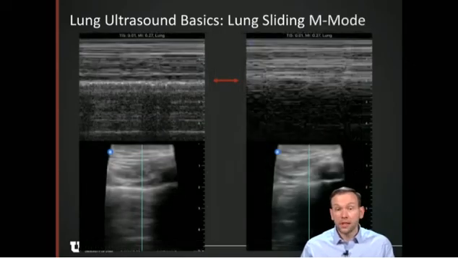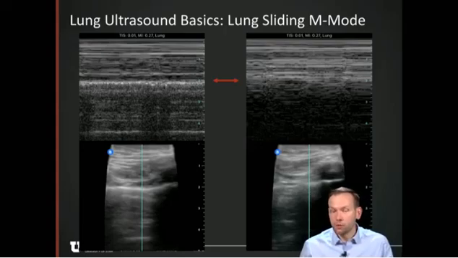So some of you have seen M-mode. And M-mode allows us to make a similar evaluation. Essentially, it's the same image, and we're collecting a single line of ultrasound signal and projecting it over time. And so on the left side, what you can see is what we call the beach appearance, and that's normal. And so the top half of the screen looks like waves, and that represents that over time, the tissue is not moving.